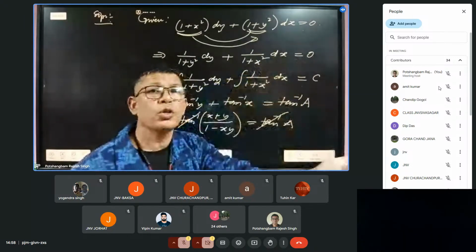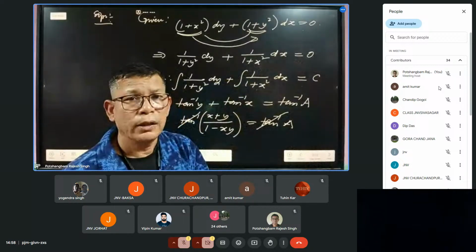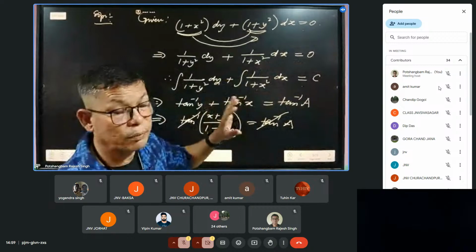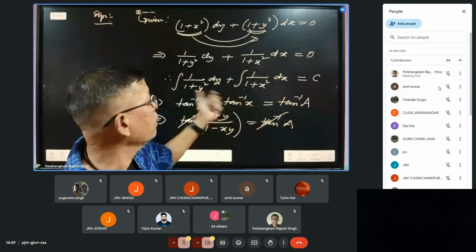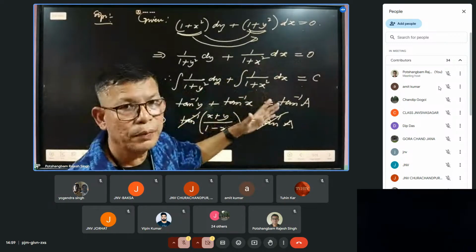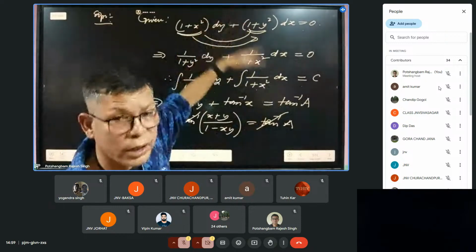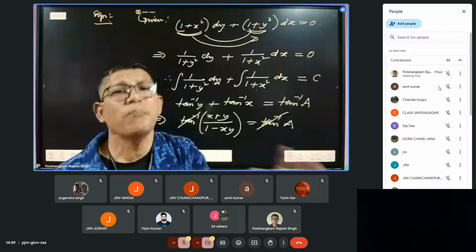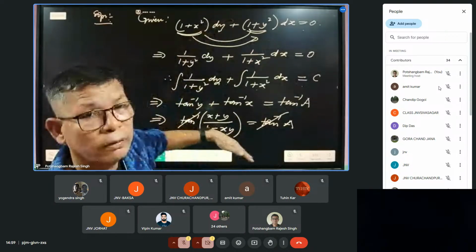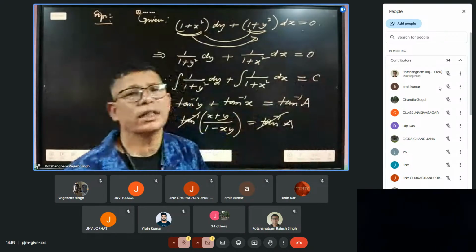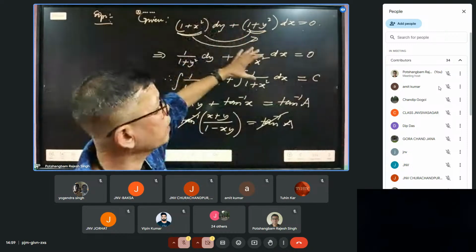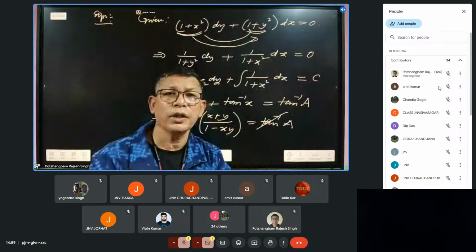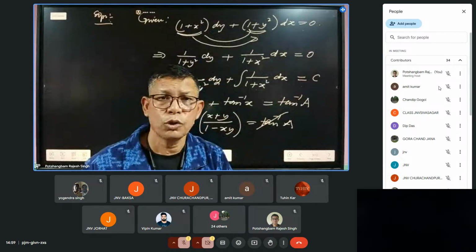For this also some marks will be awarded. Suppose sometimes you commit a mistake in finding the integration. No problem. Use your common sense and follow the steps that I already mentioned so as to get at least some marks. If you follow these steps, surely you will get some marks. If you are able to separate the variables, it means that you know the method, separation of variables, so zero marks cannot be given.